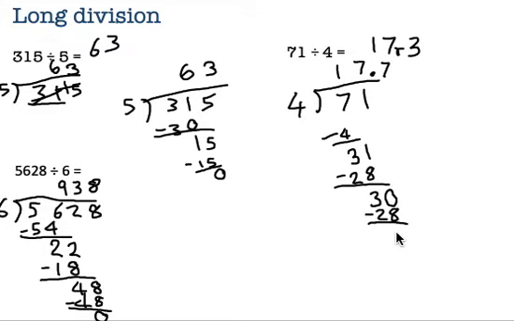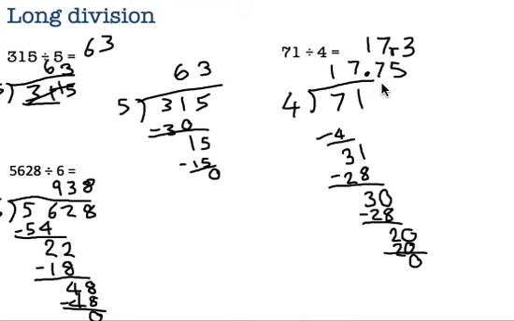I've got 2. I can drop down a 0. Now how many 4s do I have in 20? I've got 5 of them. So there's my 5. 5 times 4 is 20, that's exact. I've now got nothing left over. So it depends on your question, but right now my answer is either going to be 17 with a remainder of 3, or it's going to be 17.75.